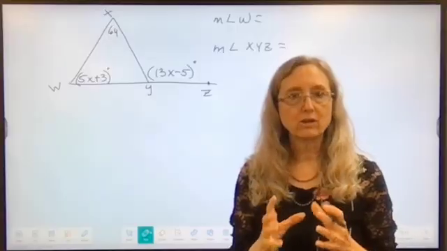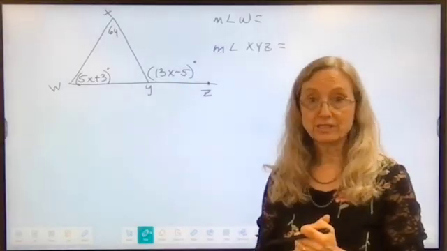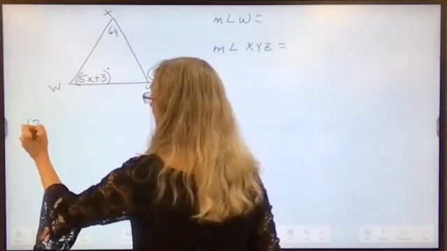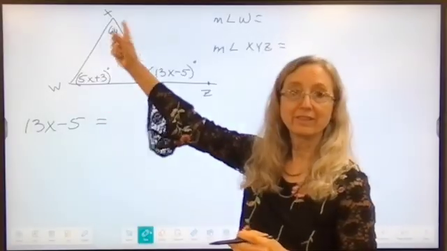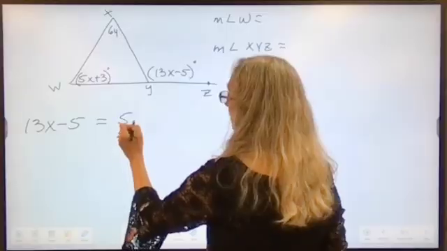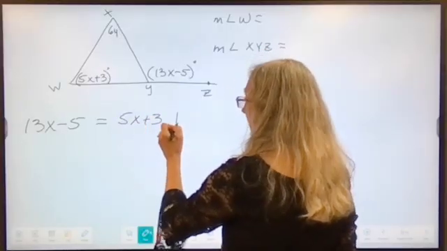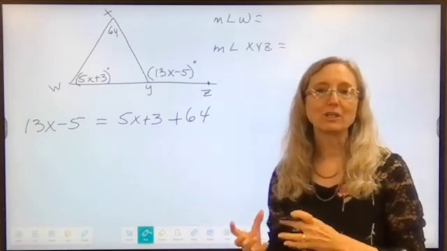So I'm going to use that knowledge to set up an equation. This angle, which is 13x minus 5, is equal to these two angles added together, which is 5x plus 3 plus 64.